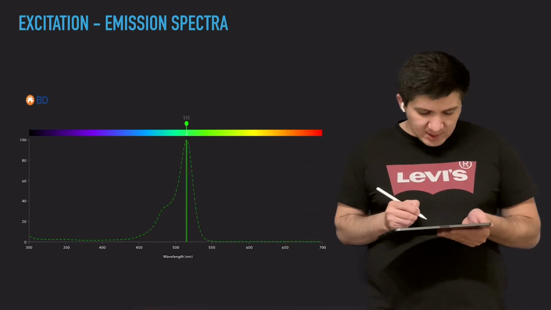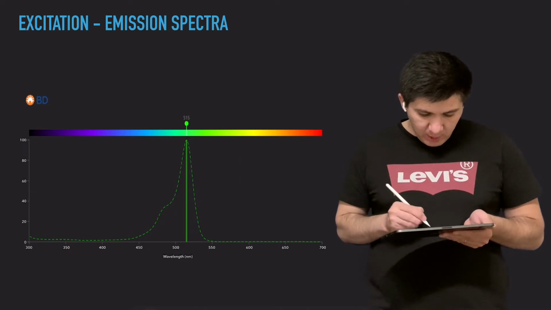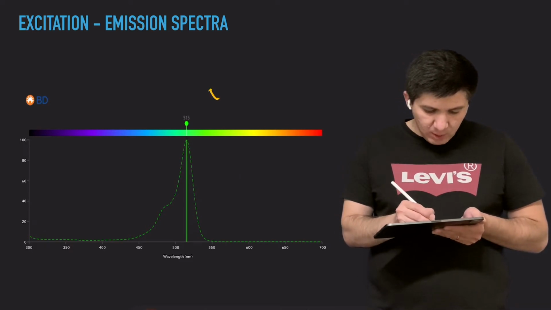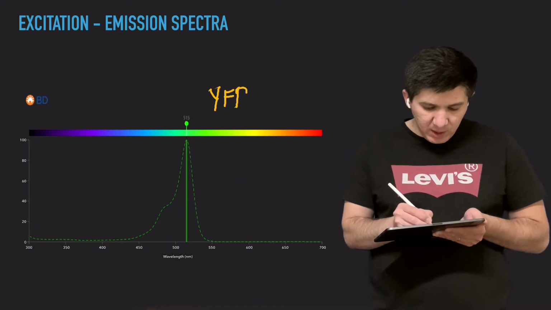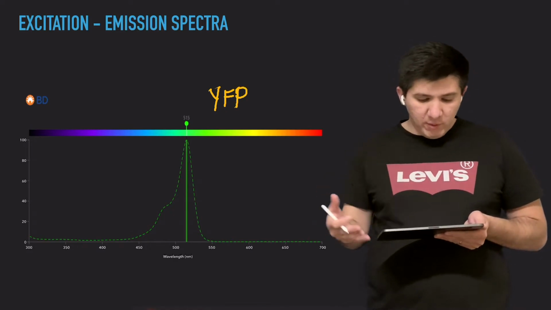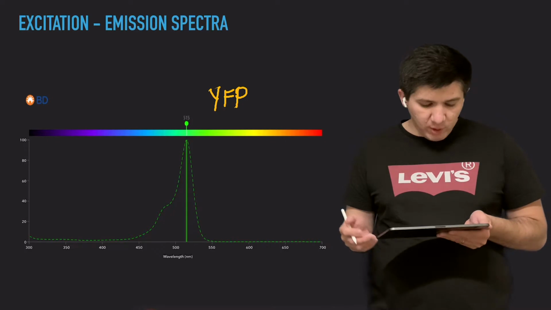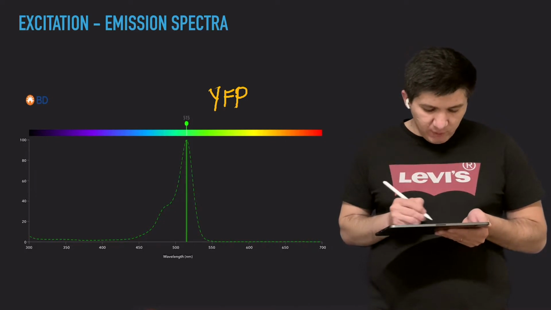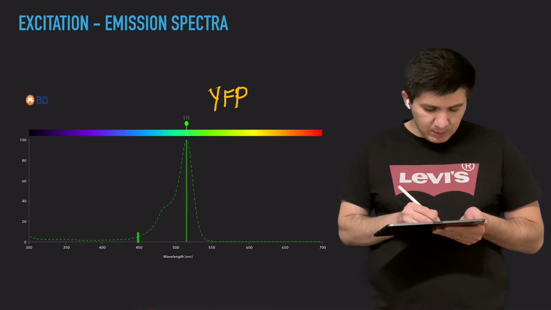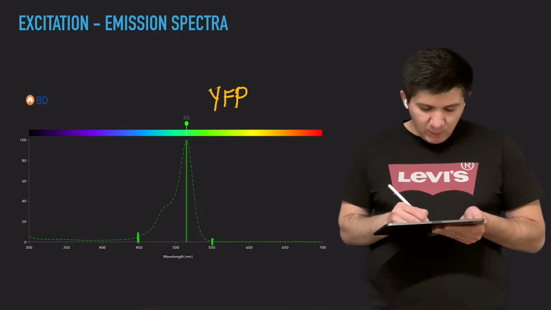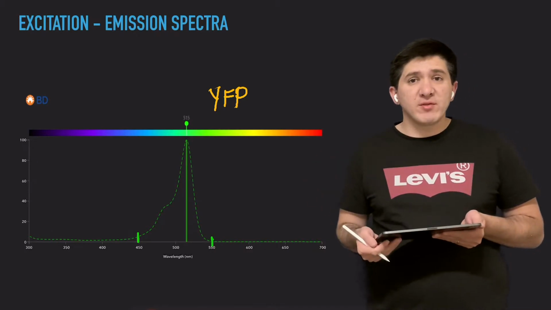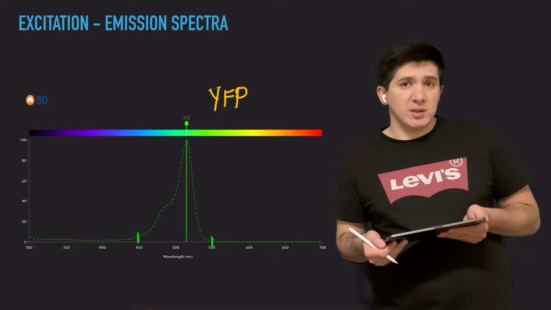For example, in this example, we are looking at the YFP fluorophore. This is the name of the fluorophore. This fluorophore can be excited with light with wavelengths roughly between 450 and 550 nanometers.